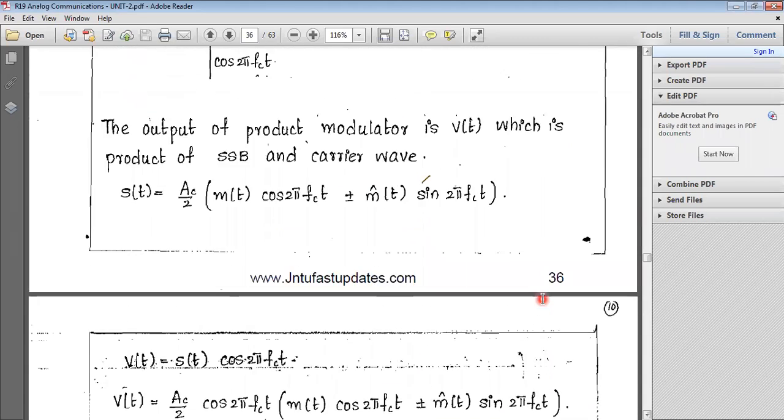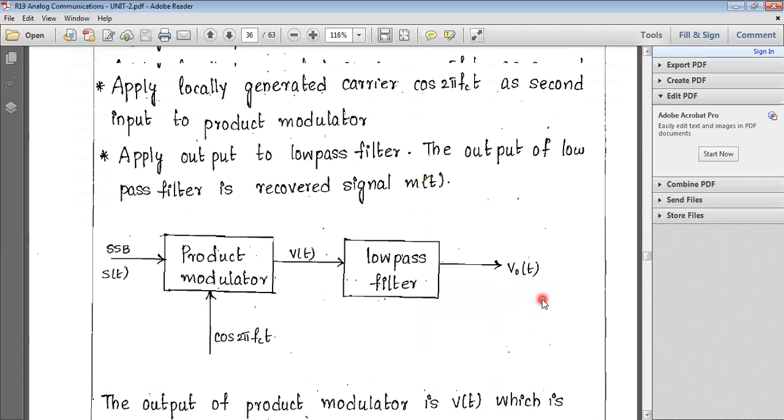Once you observe the block diagram, the demodulation of SSB wave mainly consists of a product modulator and a low pass filter. For the product modulator, we apply two inputs. One is s of t, that is the SSB modulated wave, and another one is the carrier signal. One important point is that the carrier frequency used at the transmitter side is the same as the carrier frequency used at the receiver side.